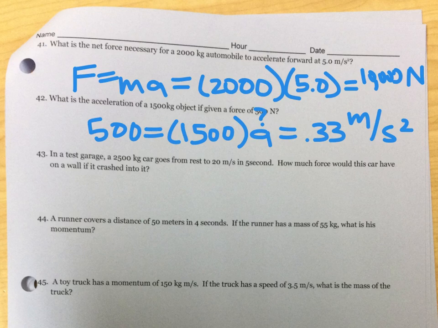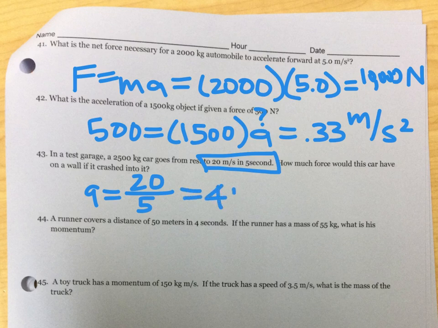And in the next question it says, in a test garage, a 2,500 kilogram car goes from rest to 20 meters per second in 5 seconds. So this information here is trying to give us the acceleration. Remember, the acceleration is the velocity divided by the time, which is 20 divided by 5. So that's 4 meters per second squared.